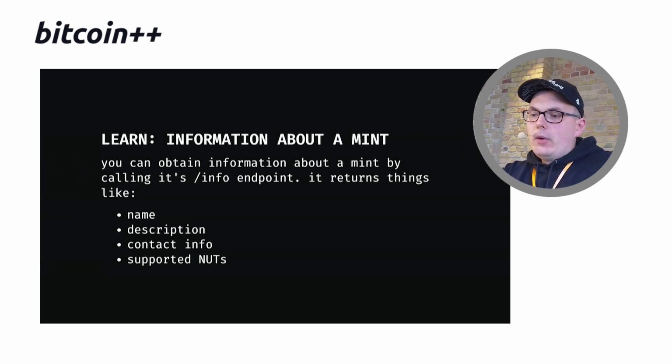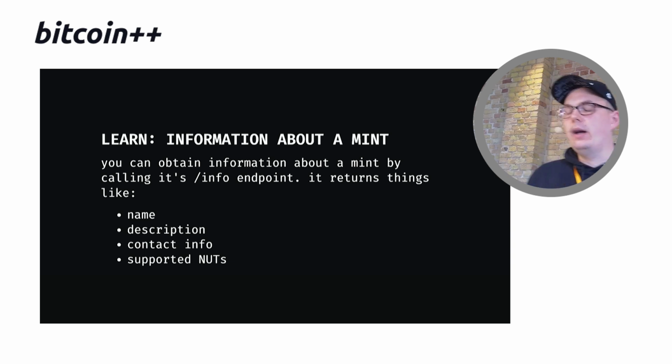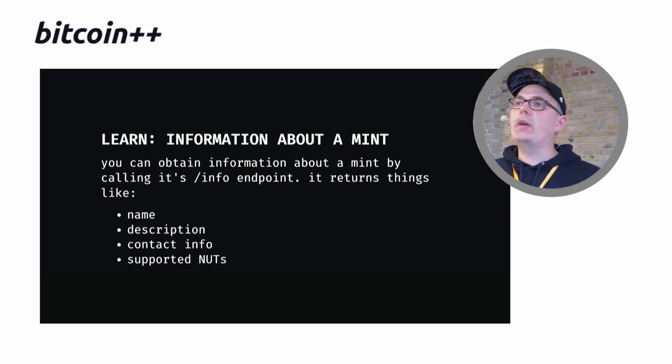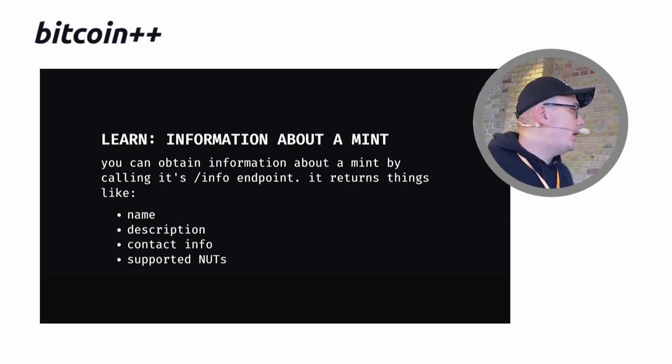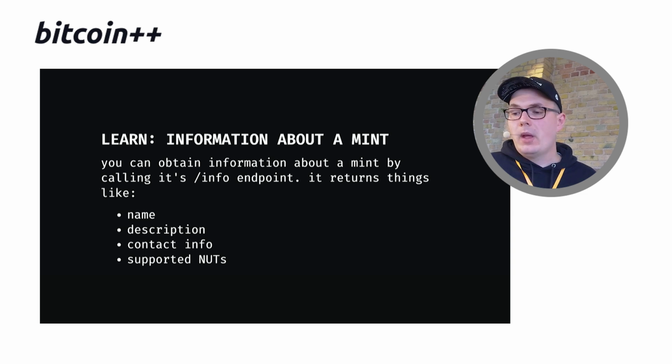All right, so let's go through the Cashu API step by step, and how we can actually interact with these endpoints using cashu-ts very easily. The first thing that we're going to start with is actually not minting or anything token related, but we want to get some information about the mint that we are connecting to.